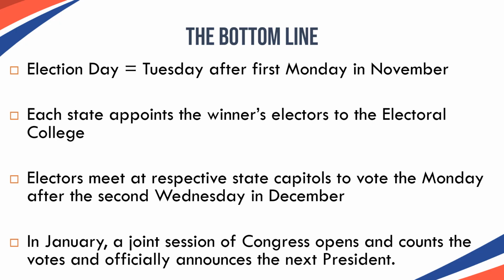After that, each state appoints the winner's electors to the Electoral College on a winner-takes-all basis, with the 2 exceptions we mentioned previously. Once those electors have been selected, they meet at the respective capitals of their states to vote on the Monday after the second Wednesday in December.